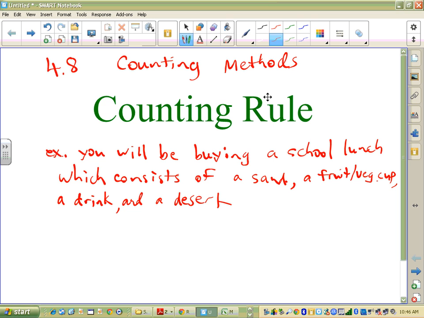Does dessert have 2 S's or 1? One S, it's a desert. Two, it's a dessert. Okay. You will be buying a school lunch which consists of a sandwich, a fruit cup or vegetable cup, a drink, and a dessert.